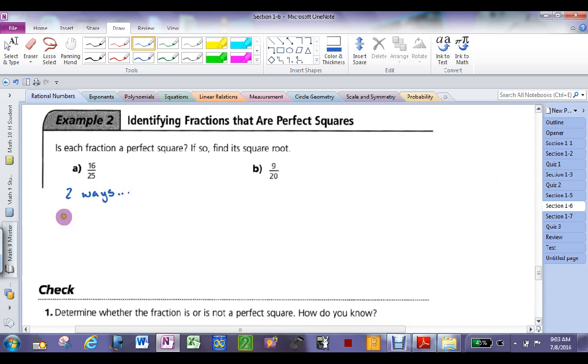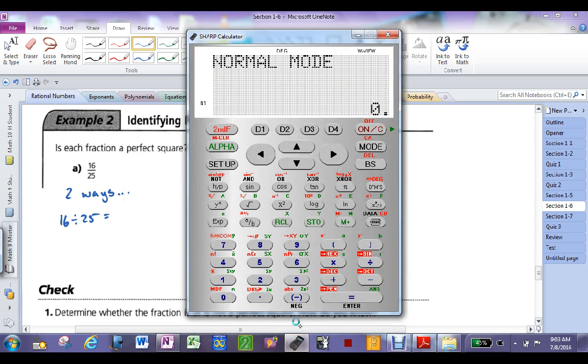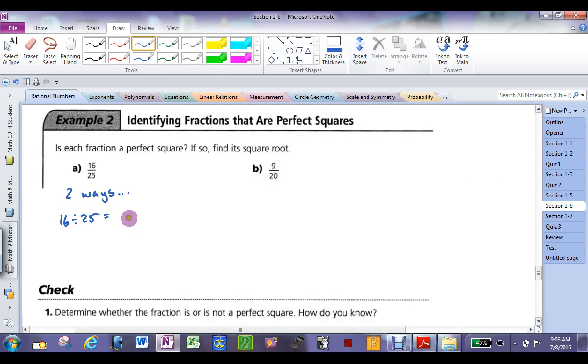The first one, you could do 16 divided by 25, which gets you what on your calculator? 1.5625. Is that an even number of decimals? Oh, yes. Yeah, it is. So is it possible this is a perfect square? It's possible. So we would check.